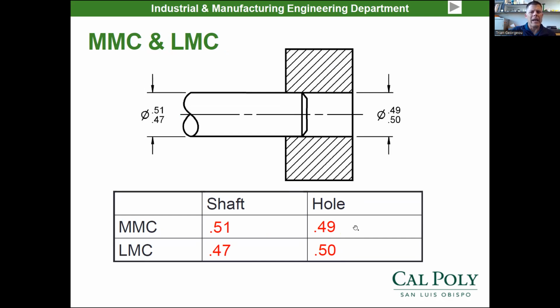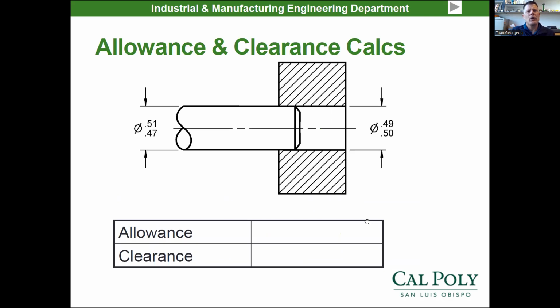So check this out. When I do an allowance and clearance calc with them, the allowance will give me the tightest fit. So I take the maximum material condition of the hole minus the maximum material condition of the shaft, and I get a negative 20 thou. So if I pick those two parts out of the box, they're going to be negative 20 thou.